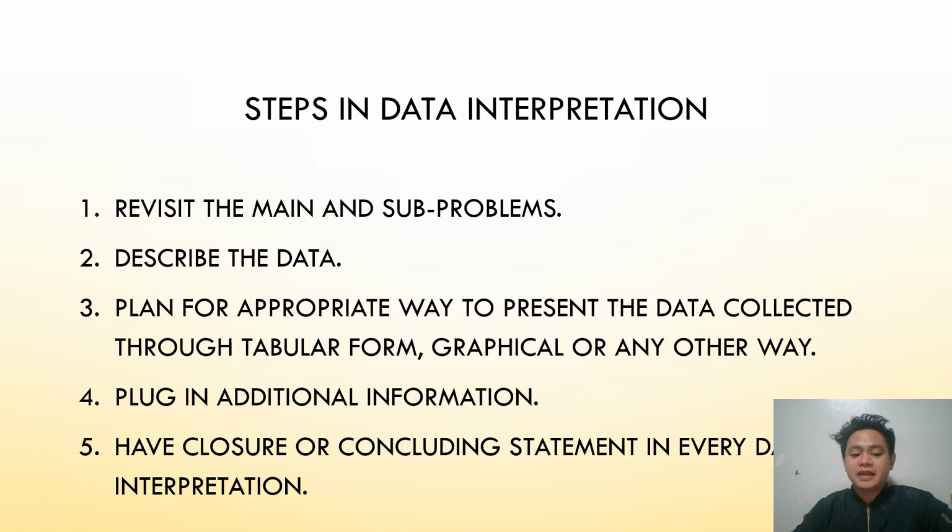Number four, plug in additional information. And number five, have a closure or concluding statement in every data interpretation. Take note, the essence of your chapter 2 is to strengthen your data interpretation. Definitely, at the latter part of your data interpretation, you must have a closure or concluding statement.